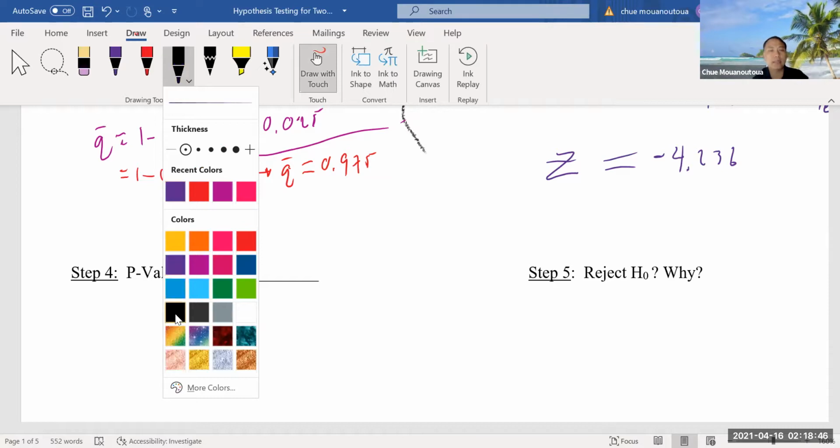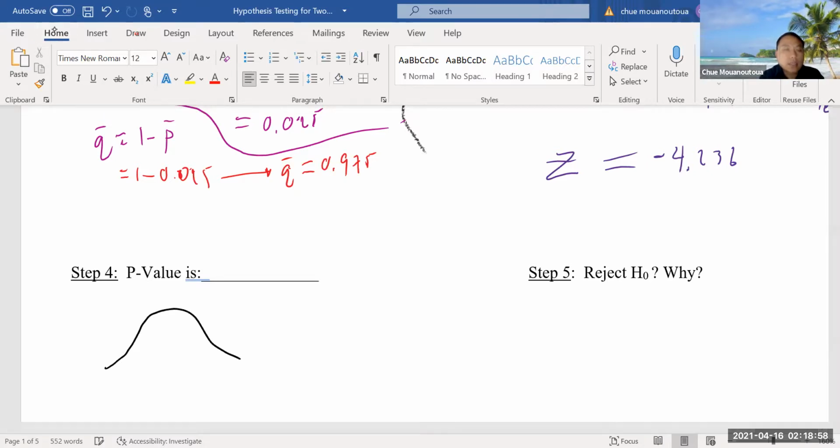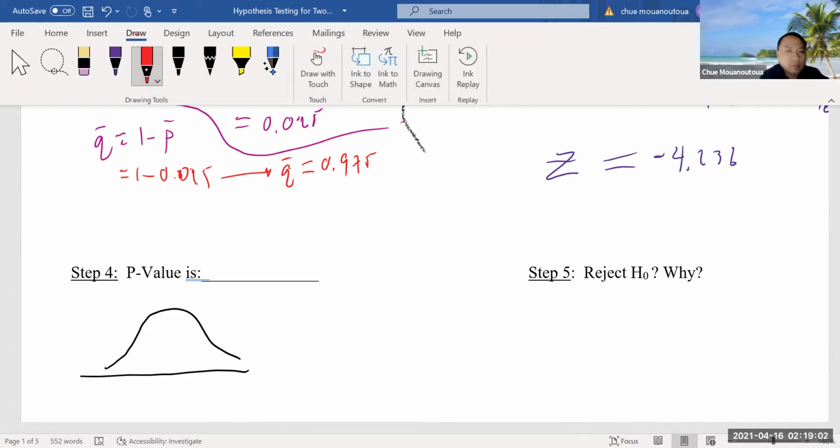H1 less than, left tail; bigger than, right tail; not equal, two tail. Same thing, so I'm gonna draw here the left tail, the area on the left side, and the test statistic for this is Z equals negative 4.236.